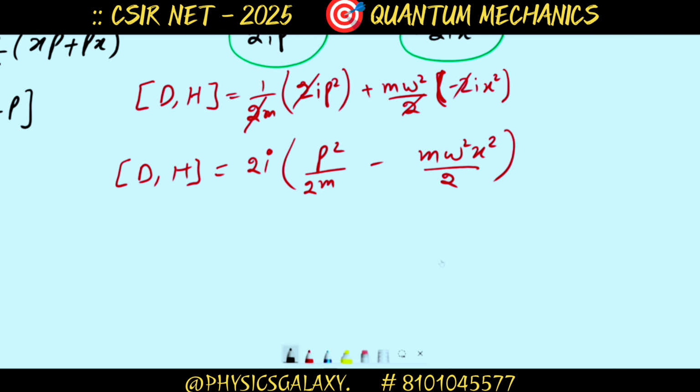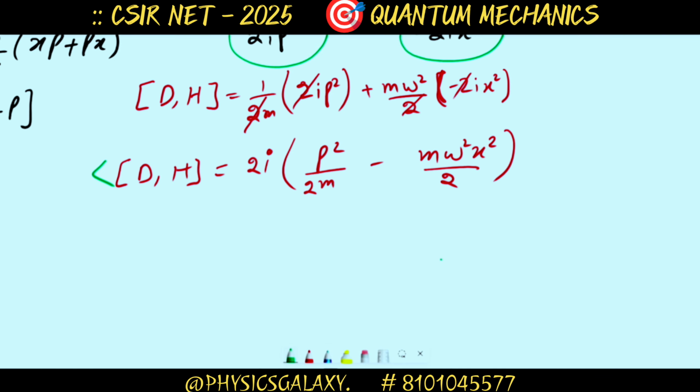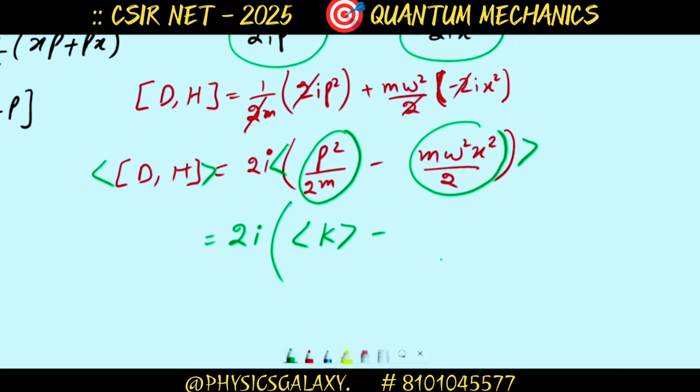So the expectation value of this is what we need to find out. We can write it equals to 2 iota times the expectation value of this, which is nothing but the kinetic energy, minus this, which is nothing but the potential energy. So expectation value of kinetic energy minus expectation value of potential energy.